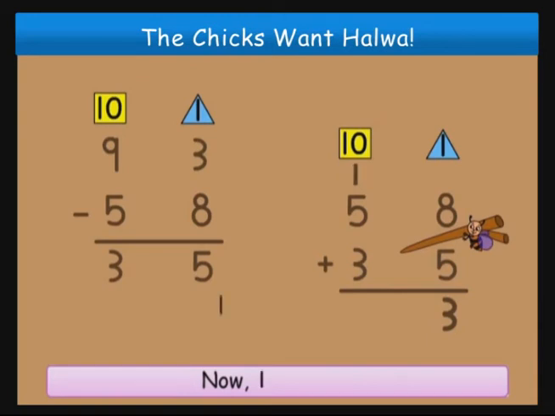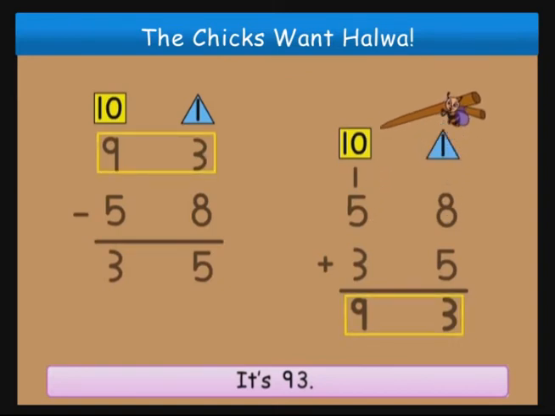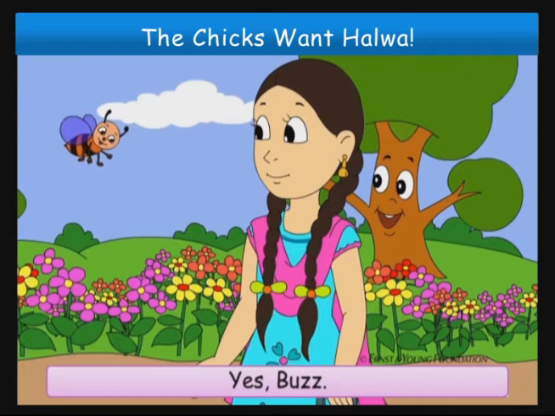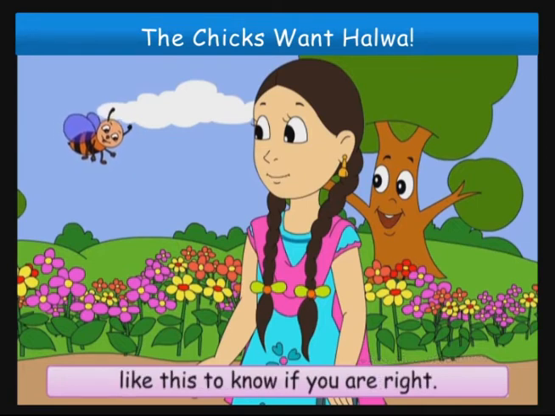Now 1 plus 5 plus 3 equal to 9. It is 93. I am right, Meenu. I am right. Yes, Buzz. See, you can check your answers like this to know if you are right.